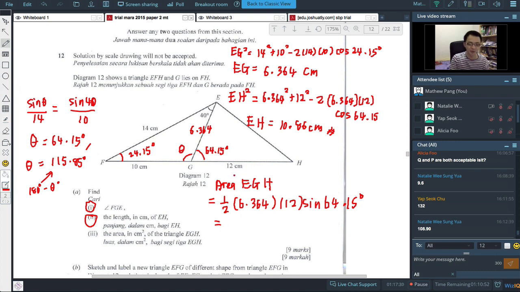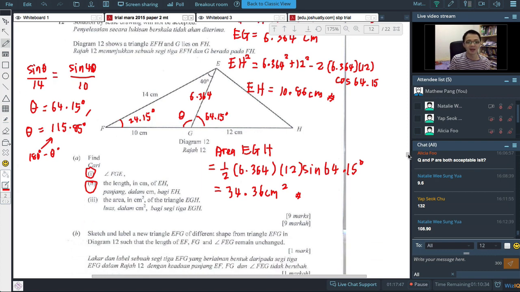Very easy, this question. The area should be 34.36 centimeter square. Right, done. Then you get 9 marks here. So I always say solution of triangle is a must-choose question because it's very easy.